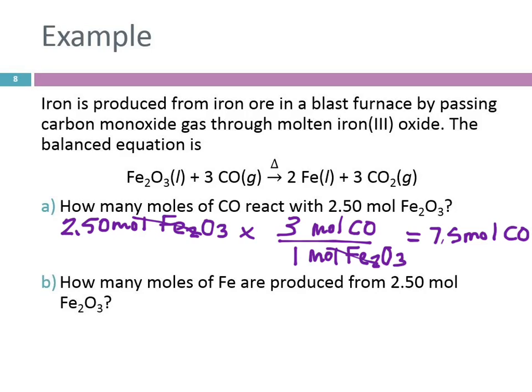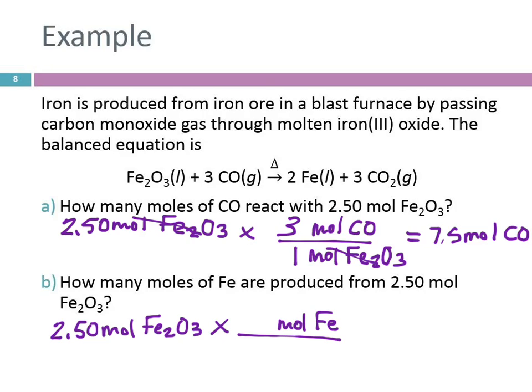So this one, how many moles of iron are produced from 2.5 moles of Fe2O3? We're going to do the same thing. 2.50 moles of Fe2O3. What unit do I want on the numerator? Moles of iron. And then I want moles of Fe2O3 in the denominator.